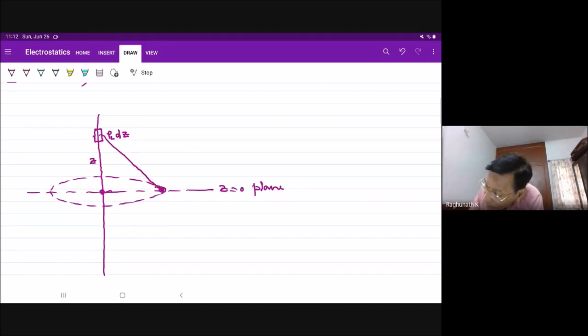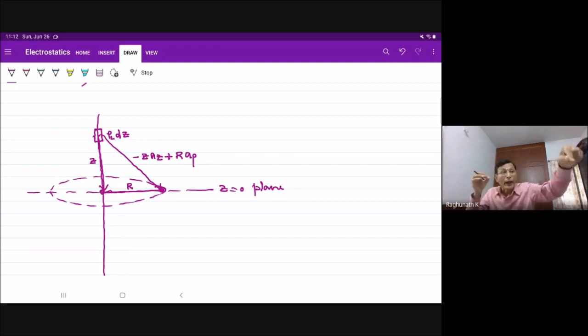The vector is minus z a z plus r a r, irrespective of the point where it is on the circle of radius r.